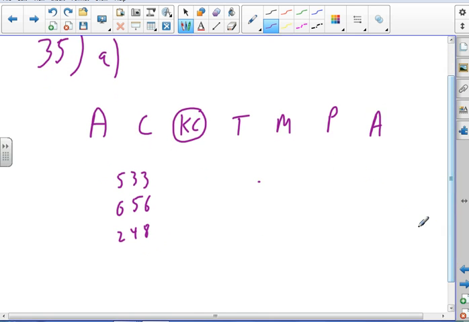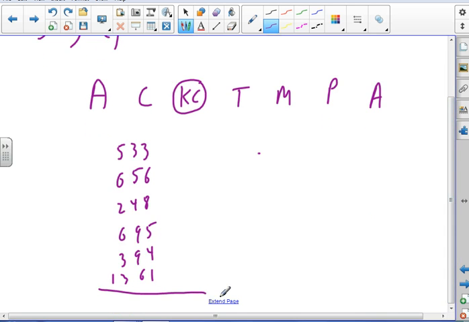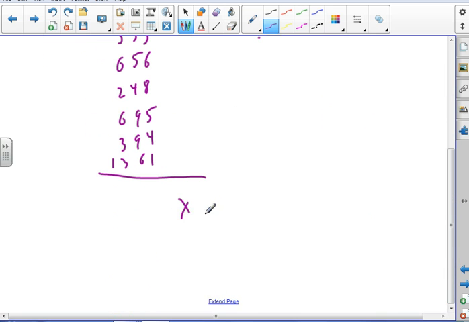Tulsa to Minneapolis, 695. Minneapolis to Peoria, 394. Peoria back to Atlanta, 1361. And so now I got to add all those guys up and multiply 0.75 to get my answer.